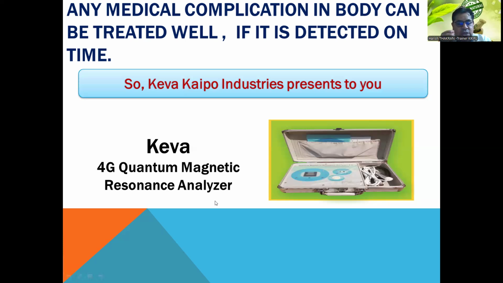So basically, this machine is a very powerful tool. If you use it regularly, you can get fantastic business and fantastic sales of Kiva Kaipo products. So let's talk about the 4G machine.